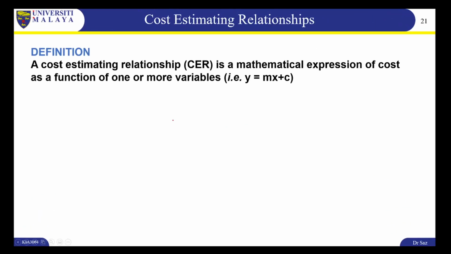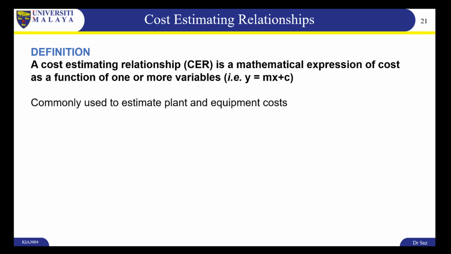Let's move on to cost estimating relationships. A CER is a mathematical expression of cost as a function of one or more variables, like y equals mx plus c. It's basically an equation. It's used to estimate plant and equipment costs.